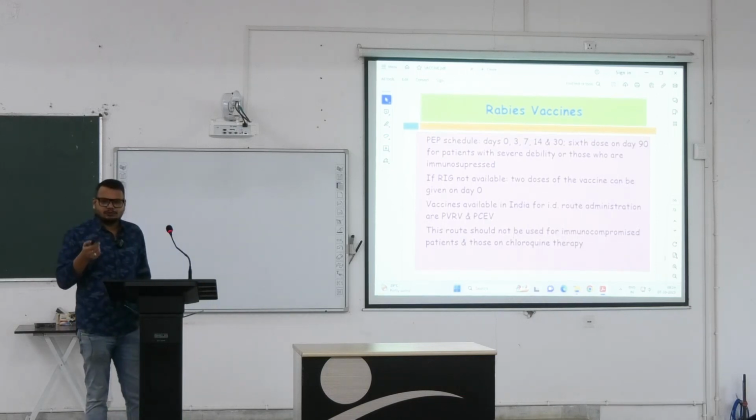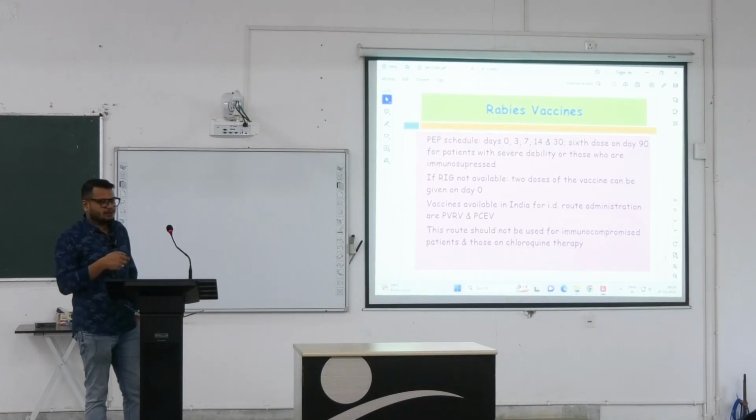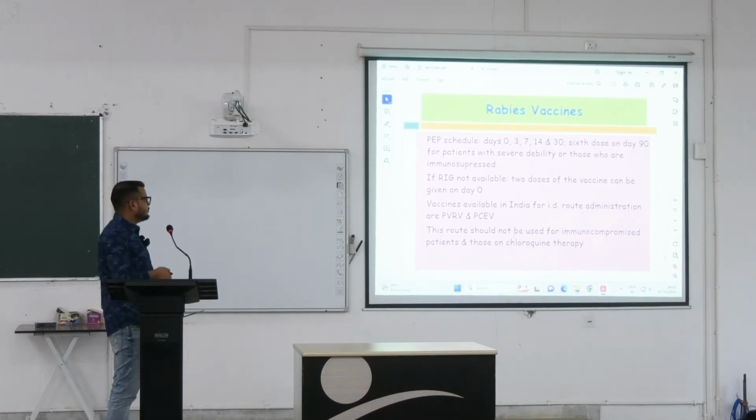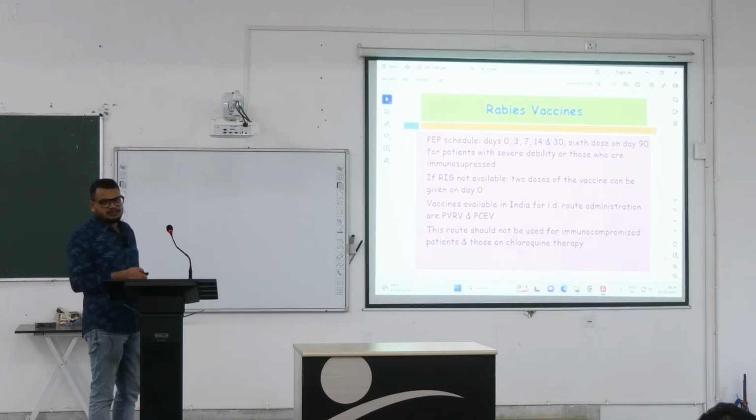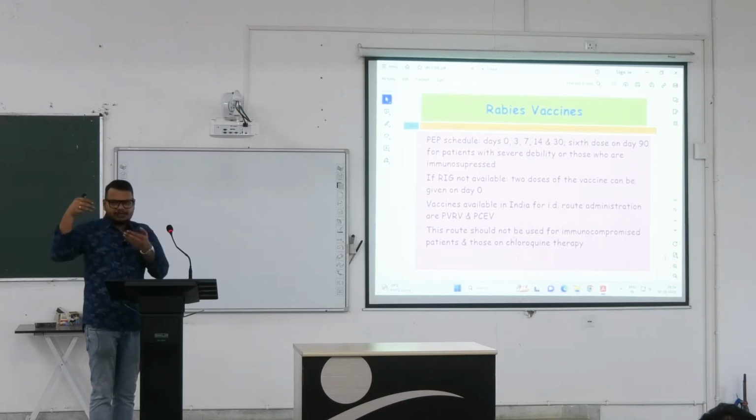If a dog bites, the patient will come to you, you have to give it. The dosing schedule is 0, 3, 7, 14 and 30. Some books also mention 28. But it depends upon the vaccine you are giving, so follow the kit literature, what is written within the pack insert of the vaccine.